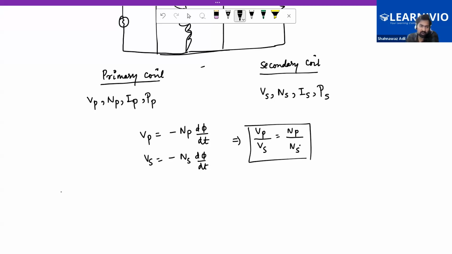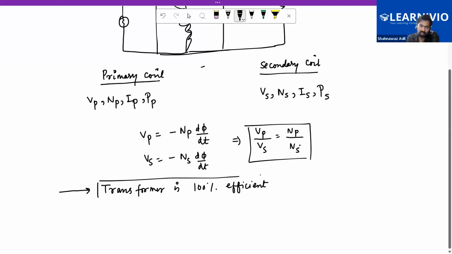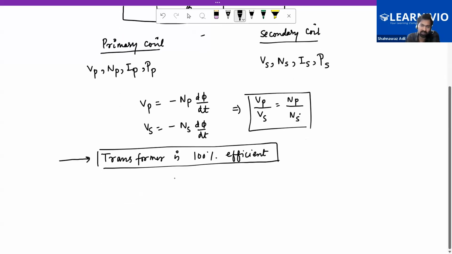Now, the transformer is 100% efficient, right? So what is the condition for that?